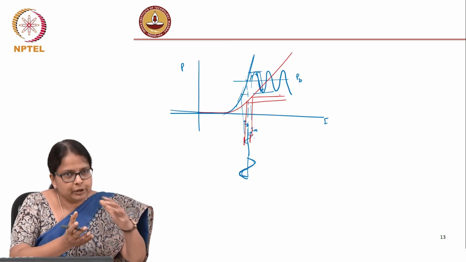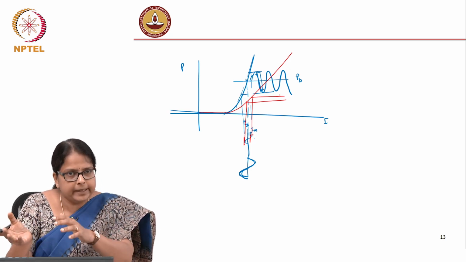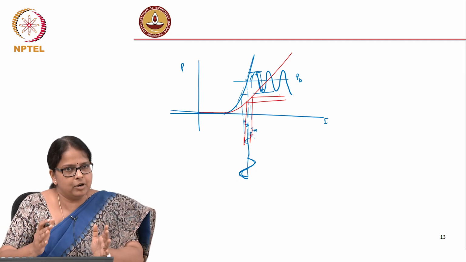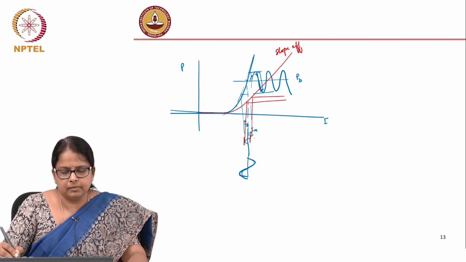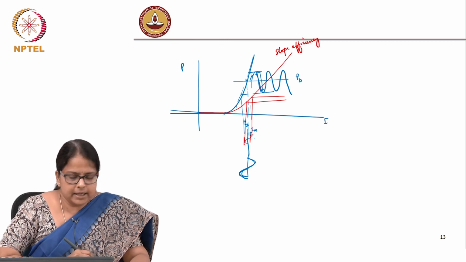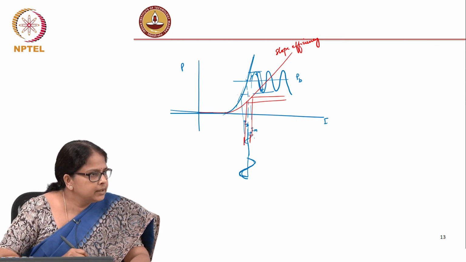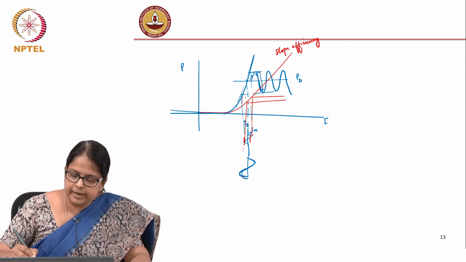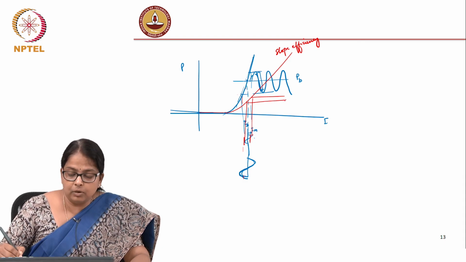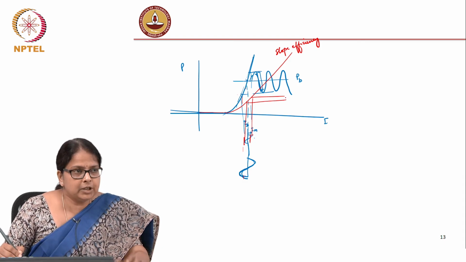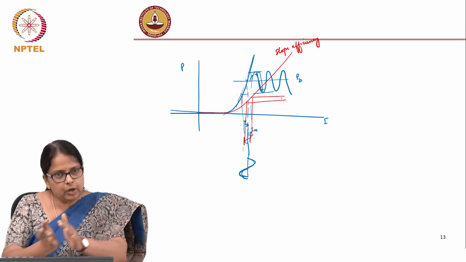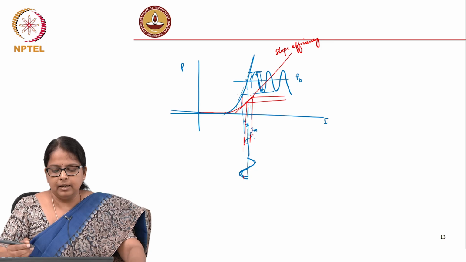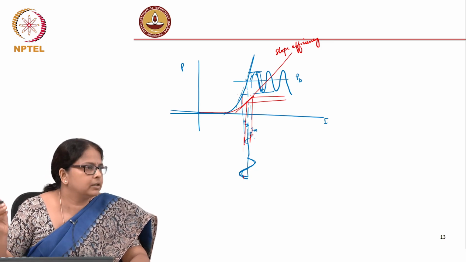So, the depth of modulation that I get in the optical domain for a given depth of modulation in the electrical domain is decided by my slope efficiency. Here is a case where I took two slope efficiencies, but the same operating point, the average power also changed here. Average power changed not just because PM reduced, it changed because my PB also reduced, because I am using a laser with a poorer slope efficiency.